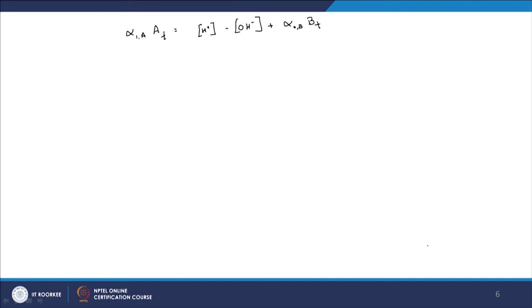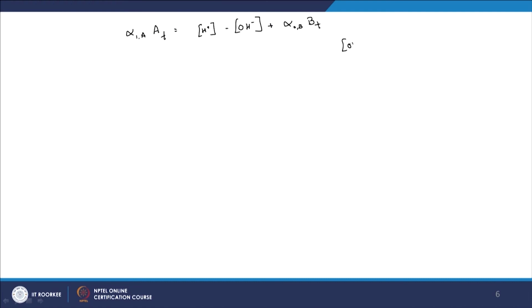So here we are going to make a few assumptions to arrive at our answer. Since we are adding an acid, I am assuming that the equivalence point is going to be in the acidic region. So we can assume that the OH minus concentration is negligible, and we are also going to assume that the acid you are titrating the solution with is a strong acid.